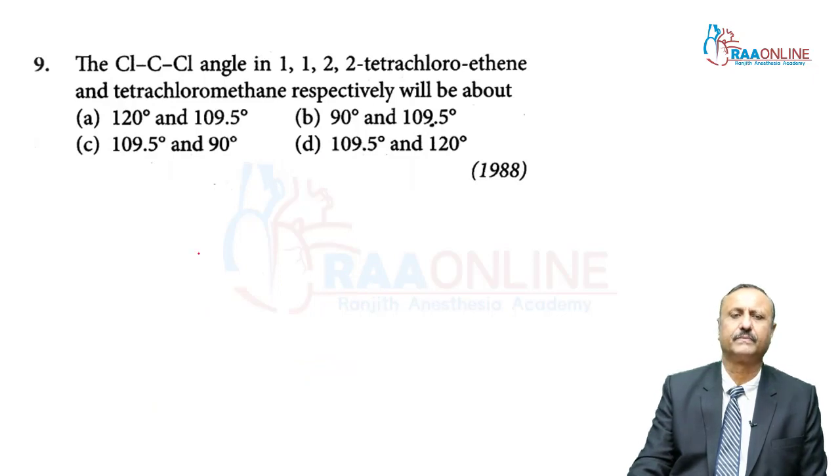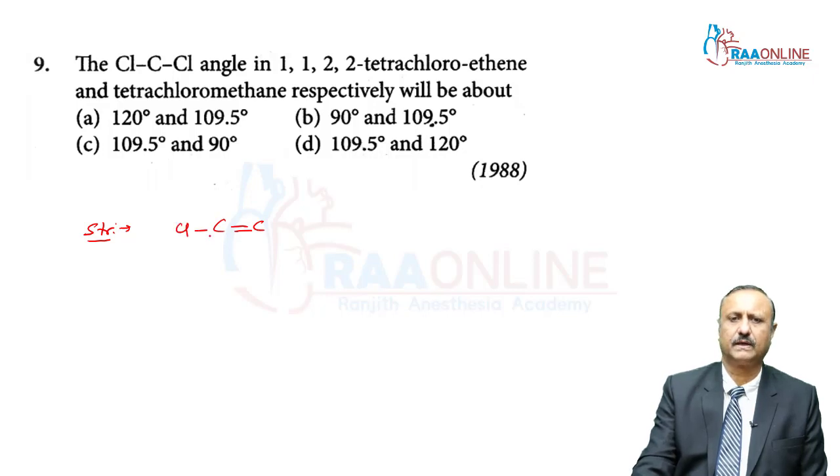Now my dear students, this is question number 9. The Cl-C-Cl angle in 1,1,2,2-tetrachloroethene and tetrachloromethane respectively will be about what? Here we can make the structure. Number 1 is ethene, 1,1,2,2-tetrachloroethene. Here is the double bond present between carbon and carbon.